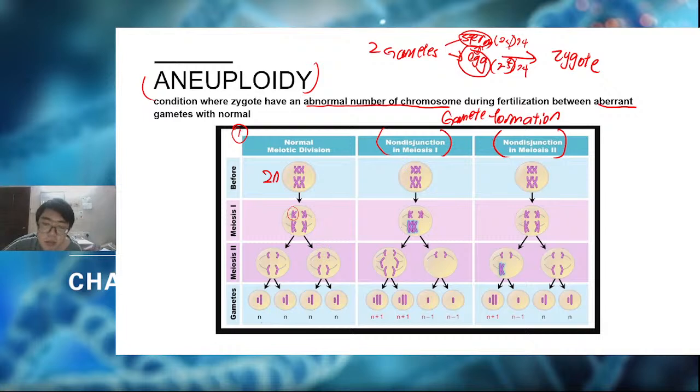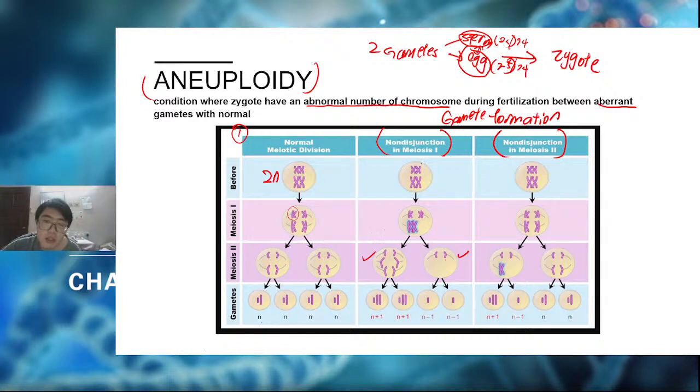Since it happens like this, if you go to meiosis 2, you will get it like this. For the one above, you will get it like this. So it already has the abnormality. So finally, your result will be two types of gamete: either your gamete has one extra chromosome, or your gamete has minus one chromosome.